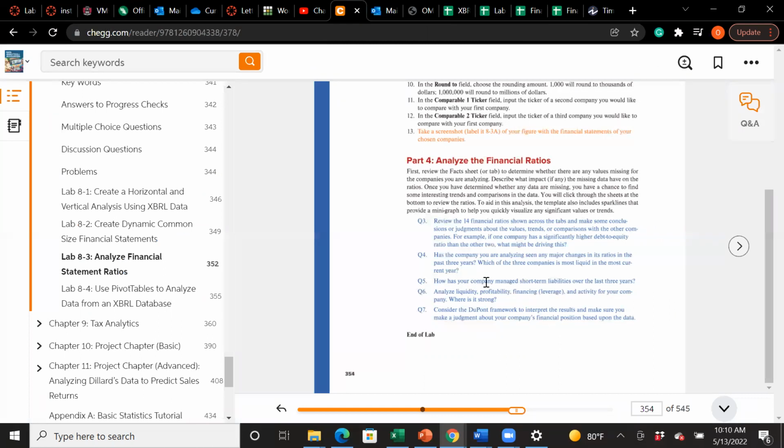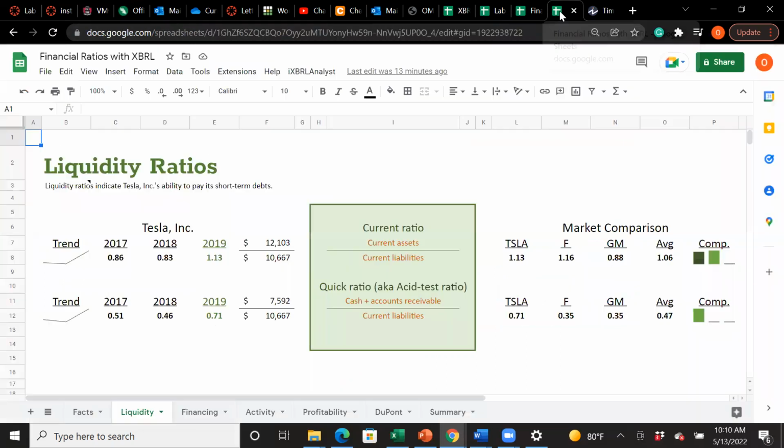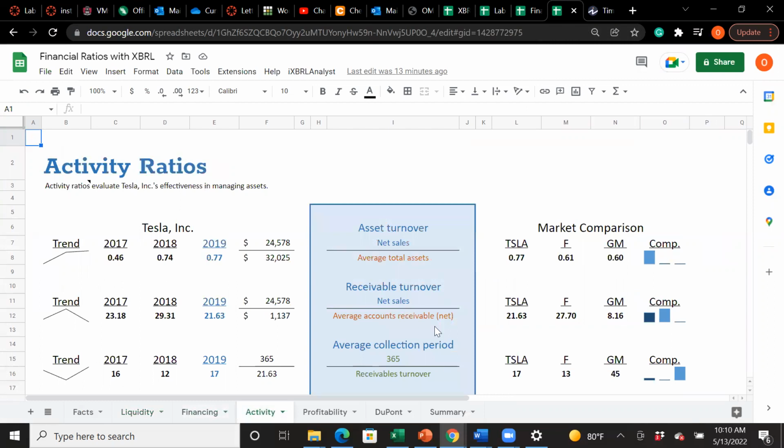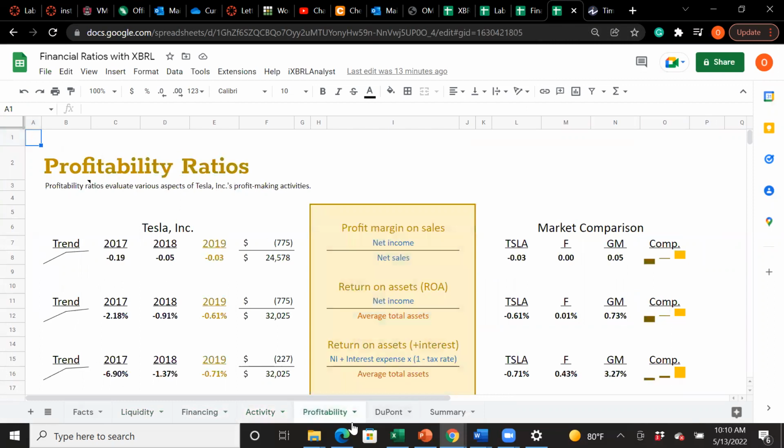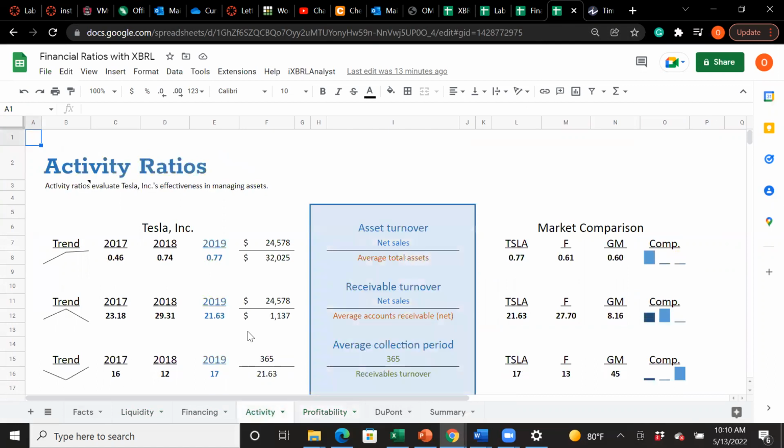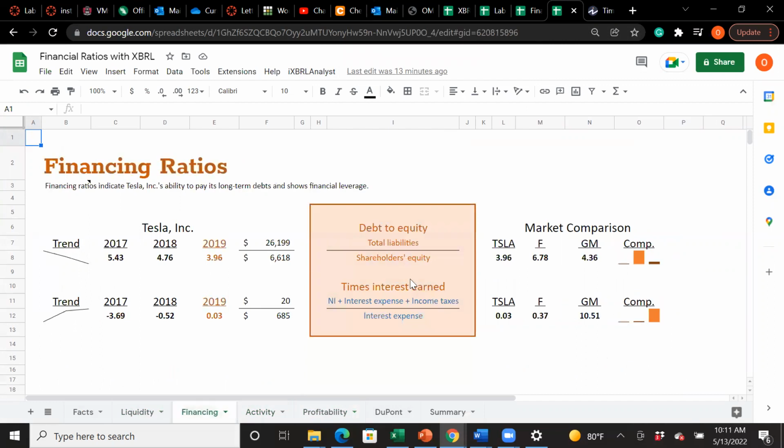Let's see, question 5. How has your company managed short-term liabilities over the past 3 years? Short-term liabilities. I wonder if there is another one. Profitability, okay. I just couldn't see what was behind there. And so we're looking at short-term liabilities, financing.